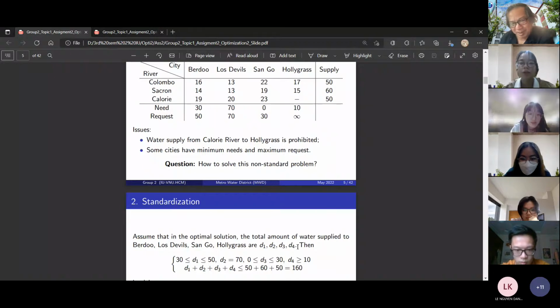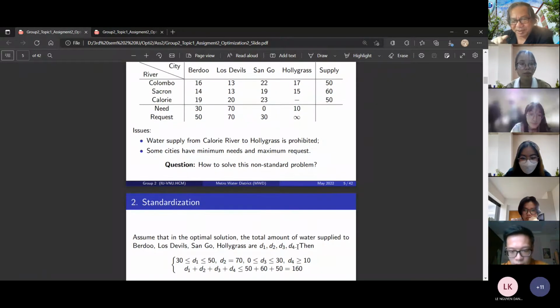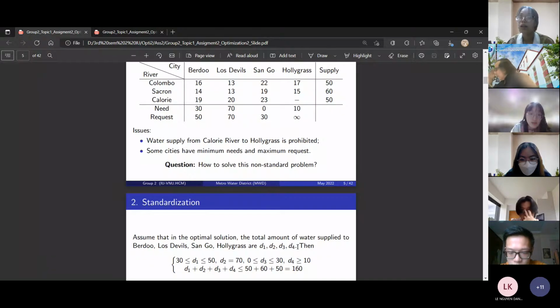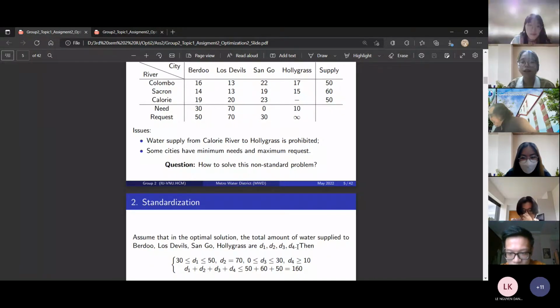If you don't understand anything, you have to ask the group who make the presentation. And Anh Thư, when you make a presentation, you also have to stop sometimes and ask them. Is that okay? Everyone understand? Yes, I understand all.